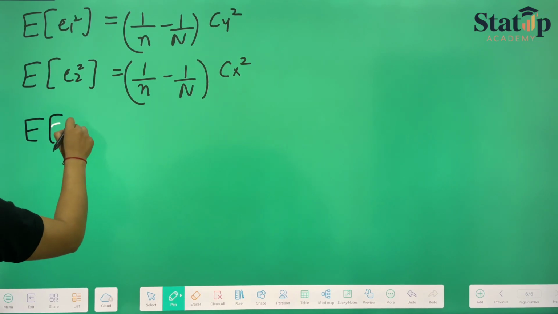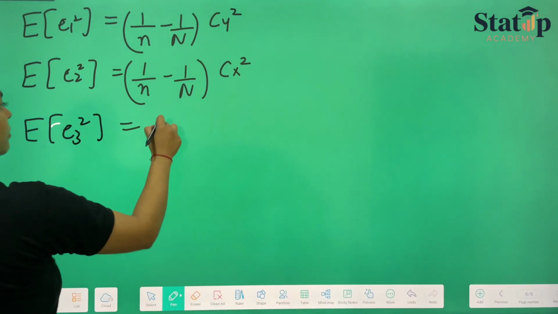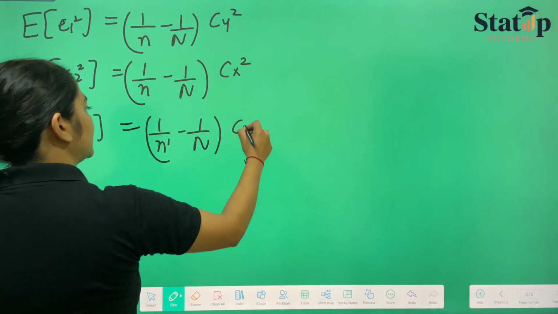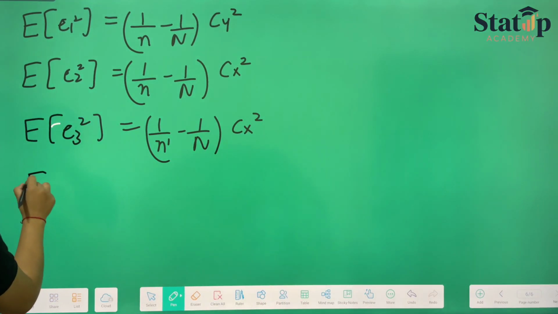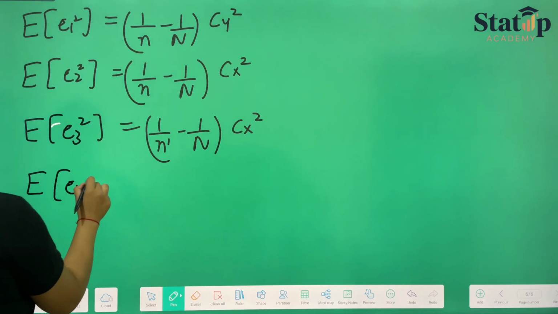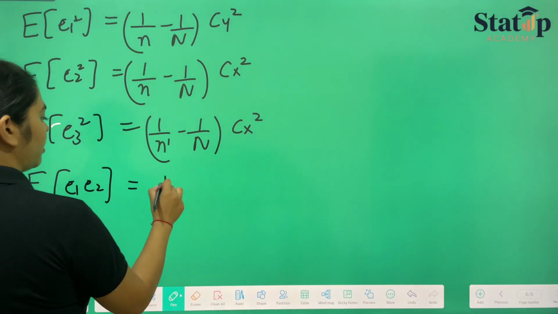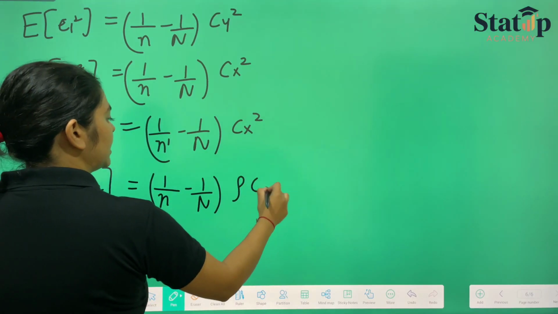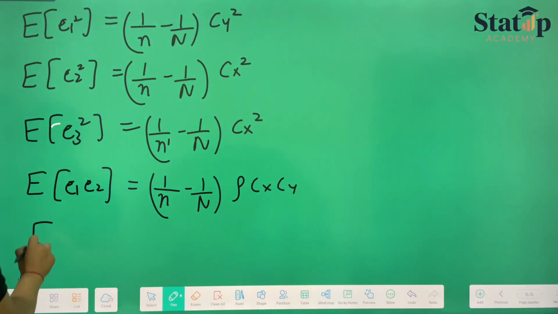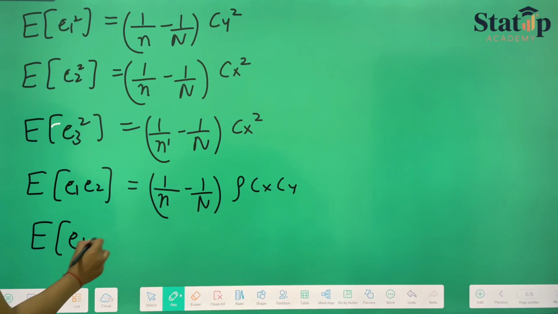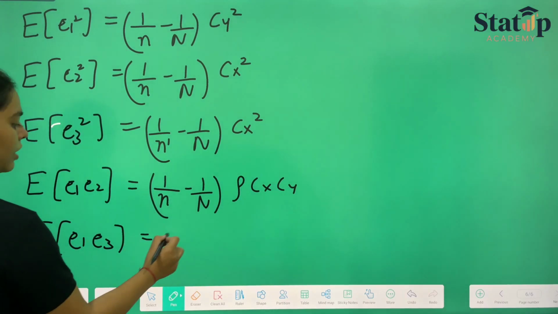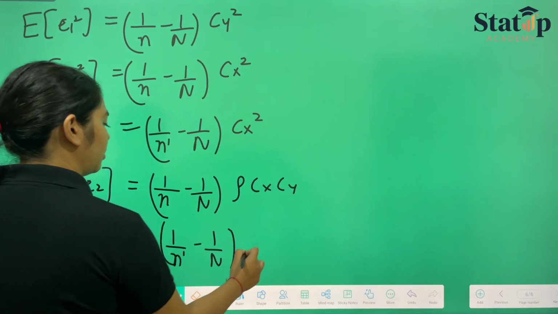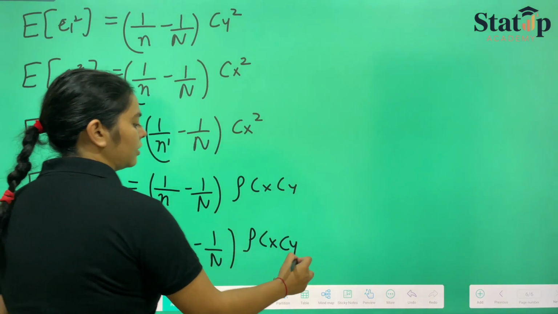Estimation of E3 square is nothing but 1 upon n prime minus 1 upon capital N Cx square. Estimation of E1 E2 is nothing but 1 upon n minus 1 upon capital N rho Cx Cy. Estimation of E1 E3 is 1 upon n prime minus 1 upon capital N rho Cx Cy.